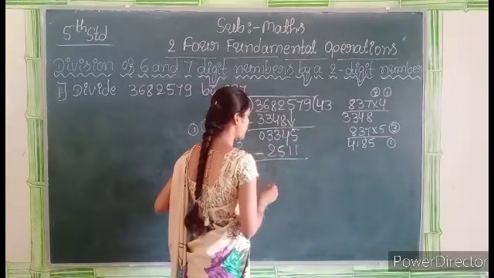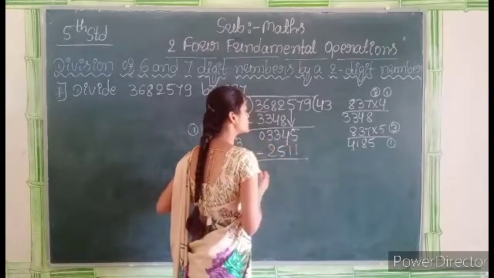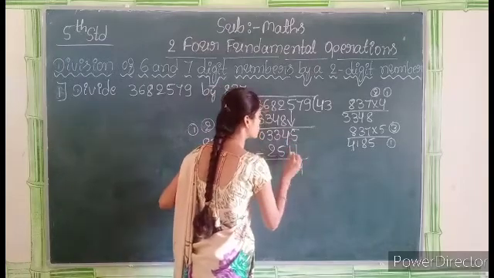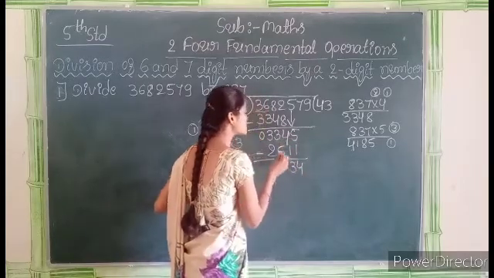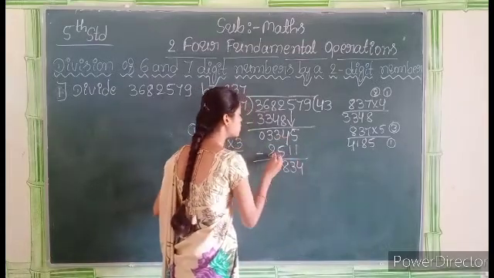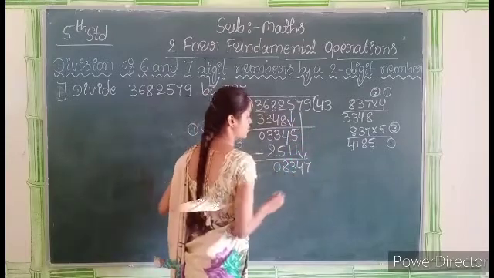Now we have to subtract 2511 from this 3345. 5 minus 1, 4, 4 minus 1, 3, 3 minus 5, that is 13 minus 5, we get 8. 2 minus 2, 0. Now we have to bring down this 7.